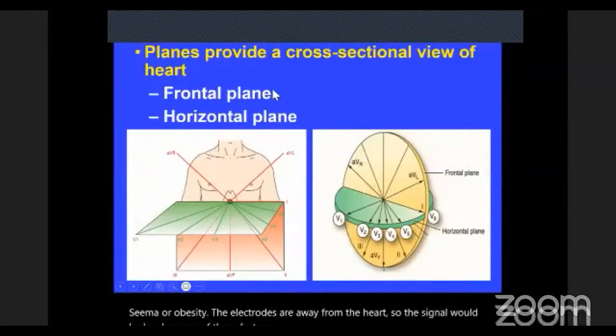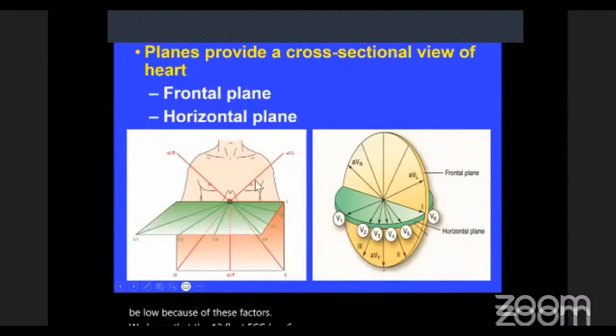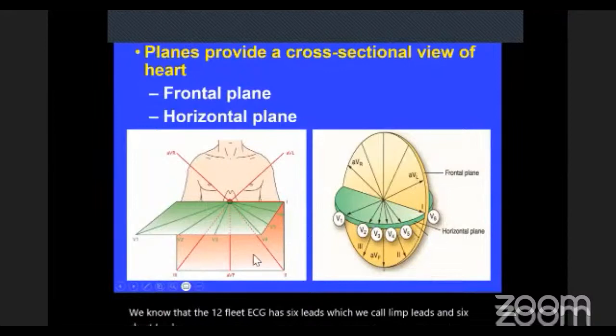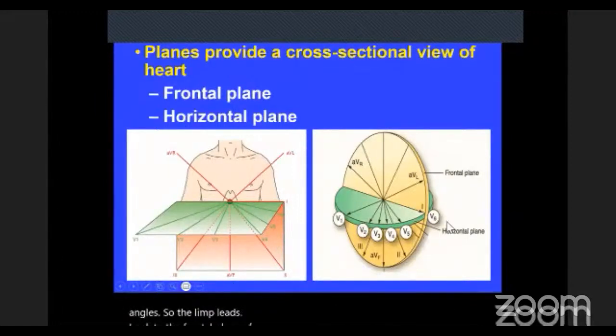We know that the 12-lead ECG has 6 leads, what we call limb leads, and 6 chest leads. The heart is a 3-dimensional structure, of course, and to record its electrical activity, we have to look at it from at least 2 different angles. So the limb leads look at the frontal plane of the heart, and the chest leads, or precordial leads, look at the horizontal plane of the heart.